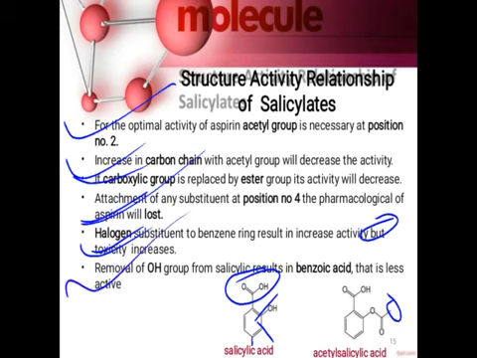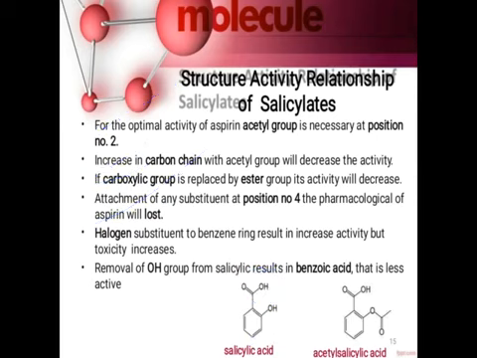The removal of the hydroxy group from salicylic acid results in benzoic acid, which is less active. So if this hydroxy group is removed, only benzoic acid is present. It is active, but less active as compared to salicylic acid. So these are the points which come under the SAR of salicylic acid. First, at the second position there must be an acetyl group. If it is at the third or fourth position, the activity decreases.